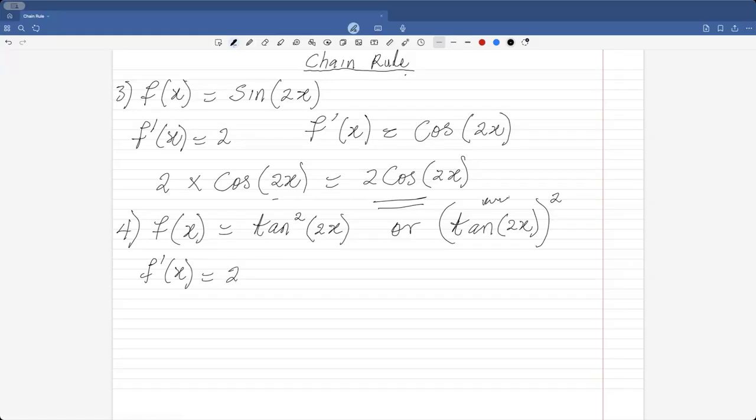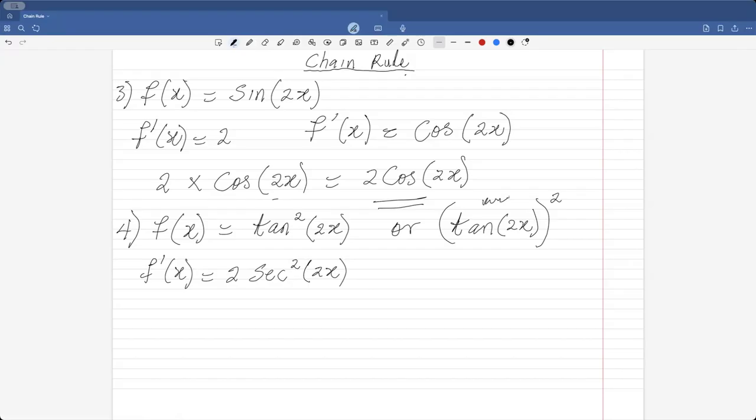So the derivative of the outside function of the inner function is nothing but sec squared 2x. So that is the derivative of the inside function.